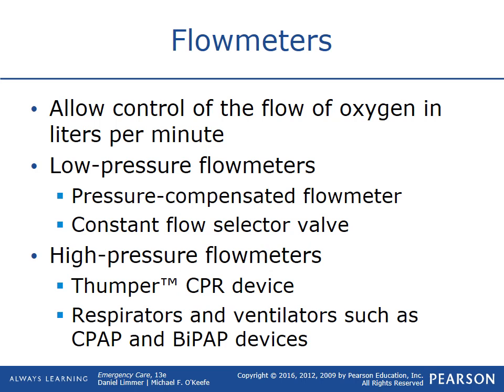Low pressure flow meters are pressure compensated flow meters and constant flow selector valves. High pressure flow meters would be able to hook up to something like the thumper, that CPR device, or to respirators and ventilators such as CPAP and BiPAP devices.